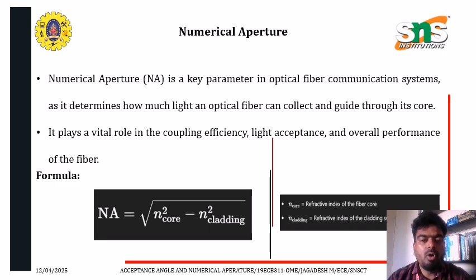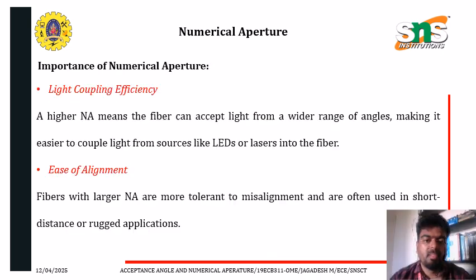The formula for numerical aperture is the square root of n core square minus n cladding square, where n core is the refractive index of the fiber core, and n cladding is the refractive index of the clad surrounding the core. And the importance of numerical aperture: there are several parameters for why we are considering it. First is light coupling efficiency.